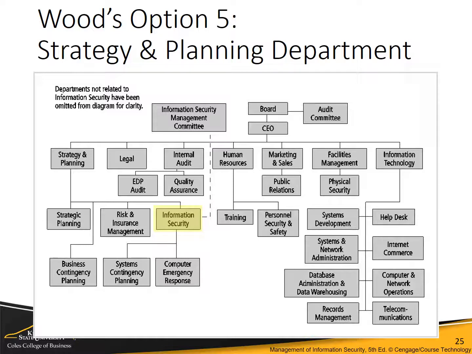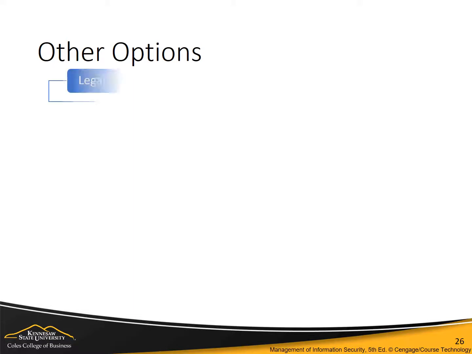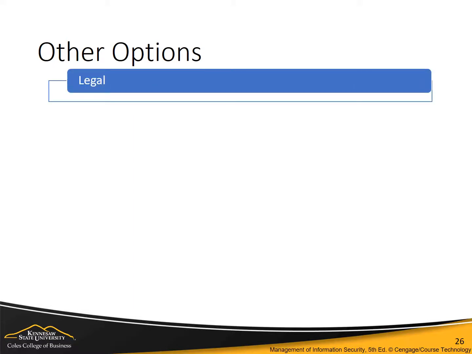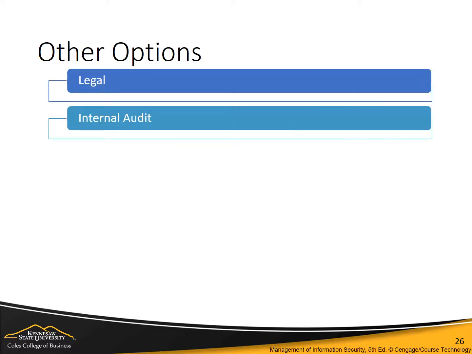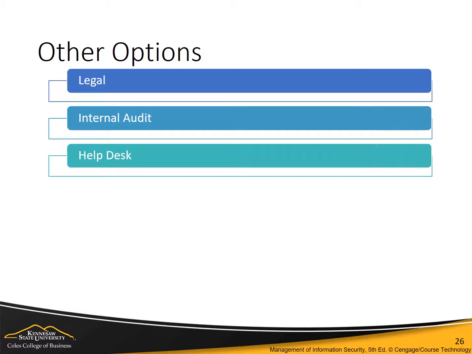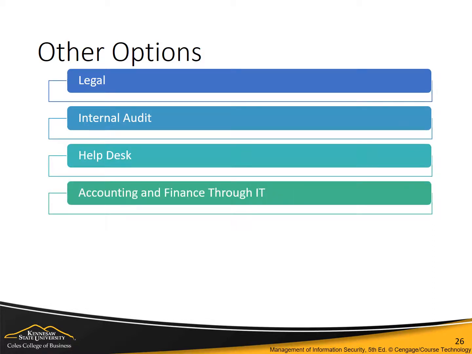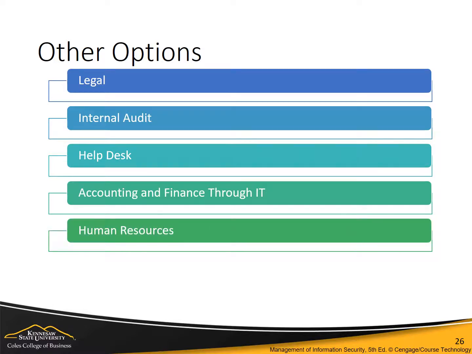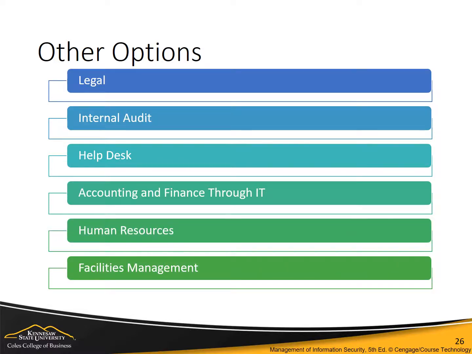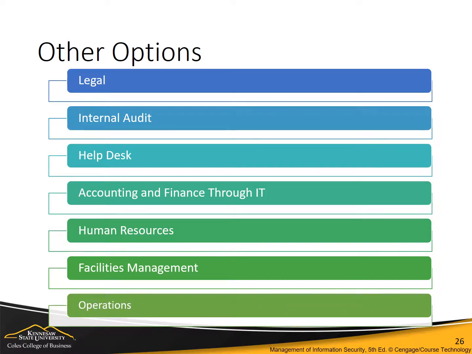However, some of the responsibilities of InfoSec are included within IT, leading to inevitable balancing challenges. Other options include adding InfoSec to a legal department, an internal audit department, the help desk, an accounting and finance department which manages IT, human resources, facilities management, or operations.